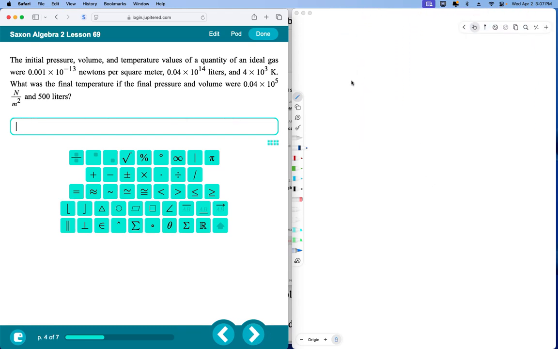And again, it's the same. It says ideal gas right here, so we know it's the same formula. So we have the initial pressure times volume over temperature. This is the P1, V1, T1. And then final pressure times volume over temperature.